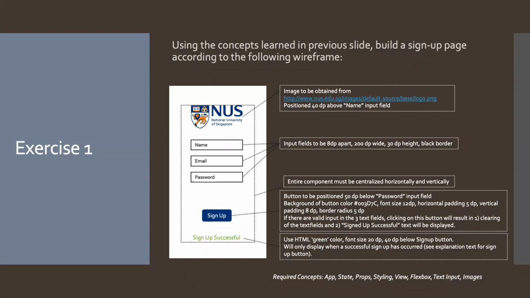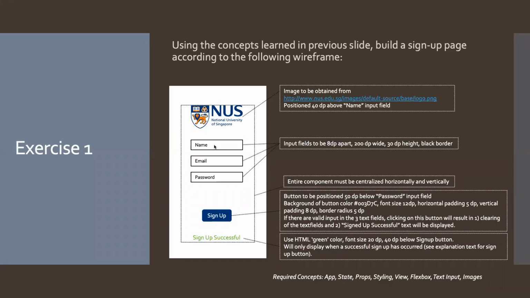Okay, so during the break, we had a question on how we actually implement the logic of this "sign up successful", right? The logic in this case is that we will only display a successful sign up after clicking on the sign up button and when there are valid inputs in these three fields.